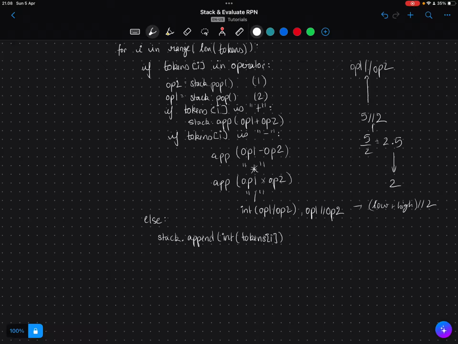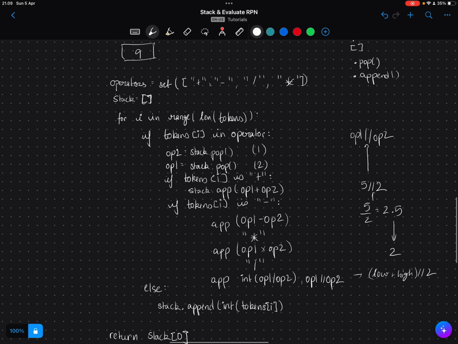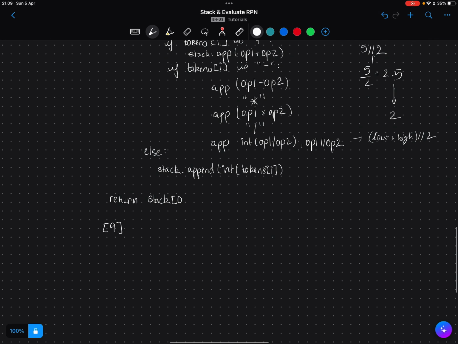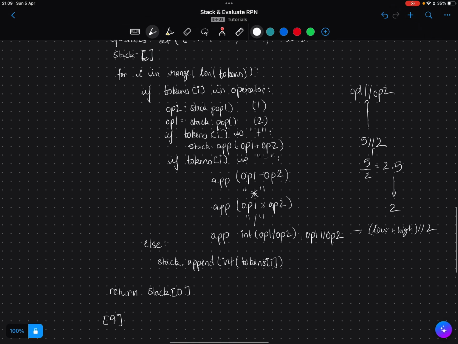And you would just append this, and at the end, like I said, the array representation of the stack would just have the 9 in it, so you would just return the element in the array, in the stack, sorry. So we would store 9 here, right, and then we would just simply return that 9, and that would be it.